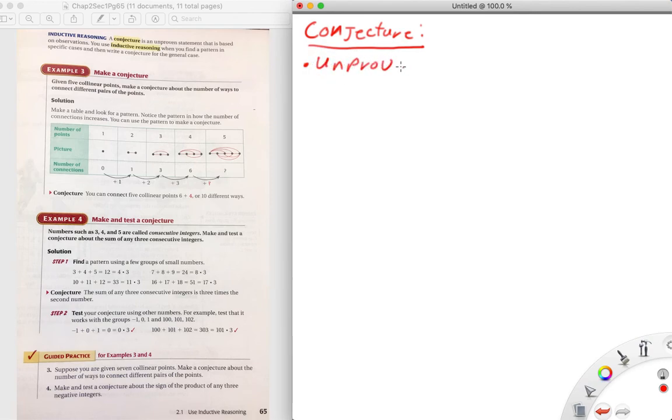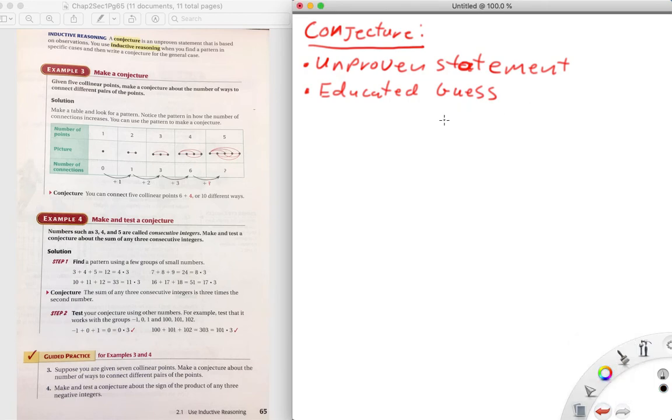So you look at a pattern and you're saying, hey, okay, I recognize that something's happening, and then you just state it. That's your conjecture, but you didn't really prove it. You just recognized it. Or we can think of it as, I would say, an educated guess based off the pattern.